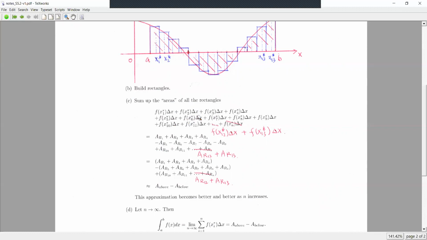And also this is a negative number, so negative area of rectangle 6, negative area of rectangle 7, and so on. And then the function value at this point is positive. Positive times base is the area of the 10th rectangle. This is the area of the 11th rectangle, and so on. Now, let me take out the negative sign for these 5 rectangles. Then I get this equation.